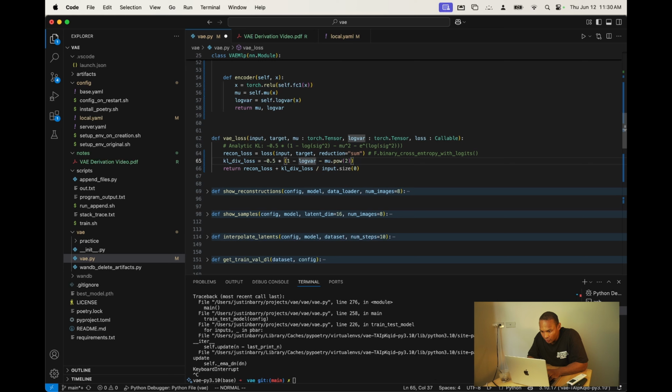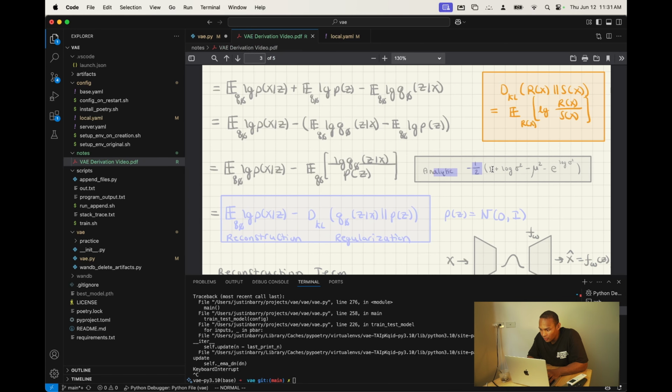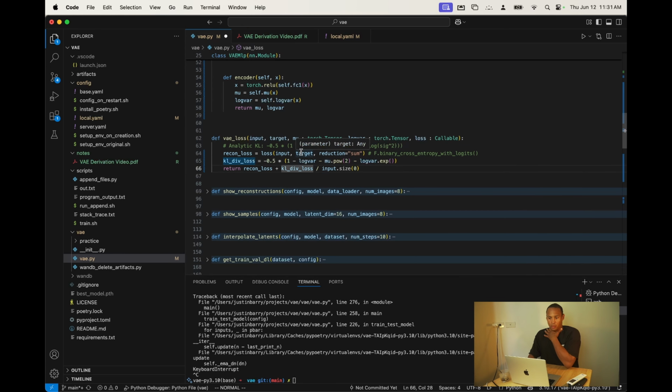Wait, this is just log variance. Log variance is log sigma squared. Right, and then e raised to, so that's this equation right here. So I think this should work.